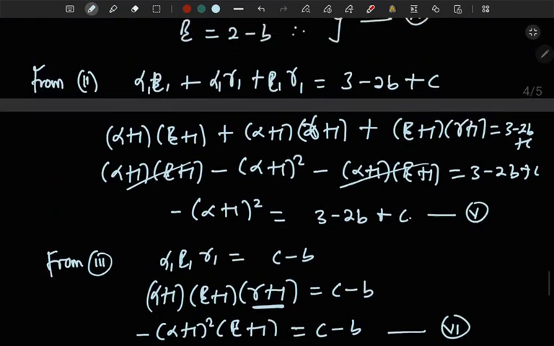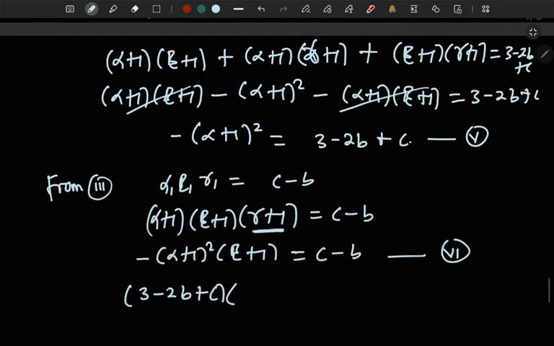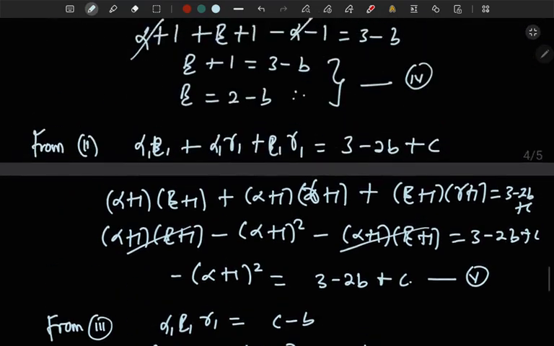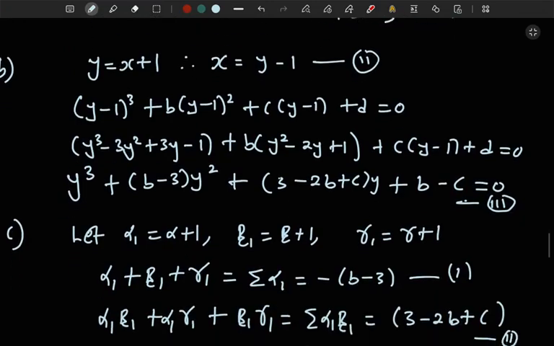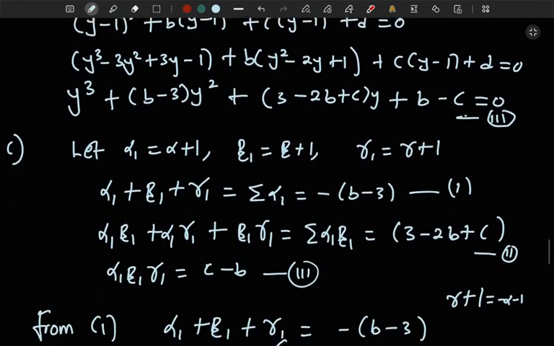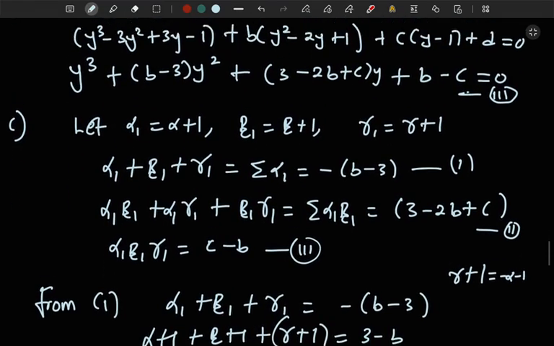Then for beta plus 1, we have that to be 3 minus b. Okay, then we have c minus b. But according to what we are to show here, the answer should be B minus C, not C minus B. So apparently I think there is a mistake somewhere here.